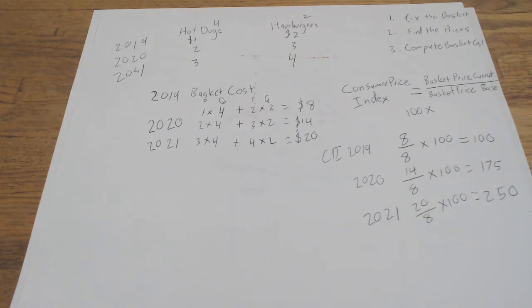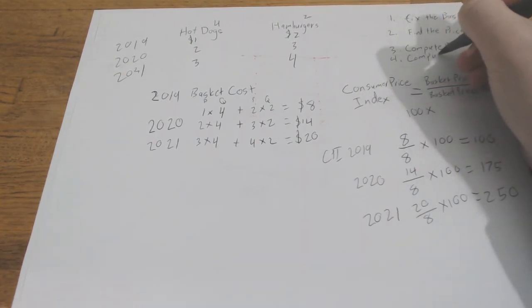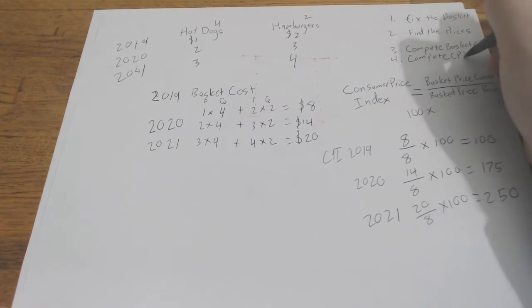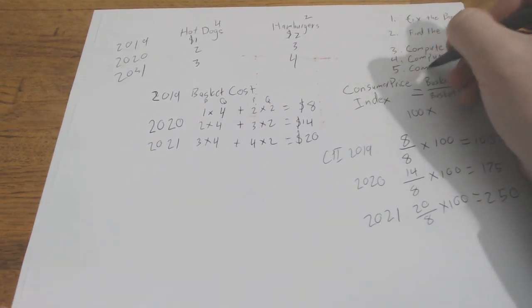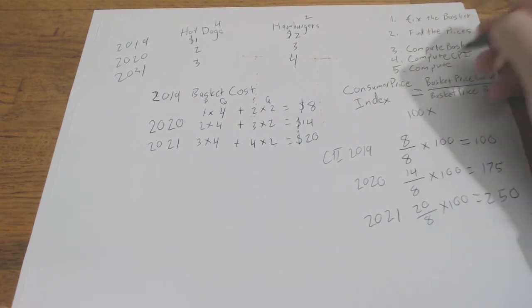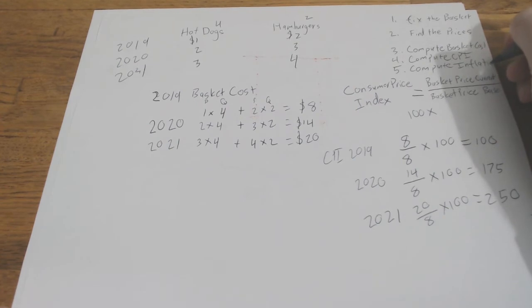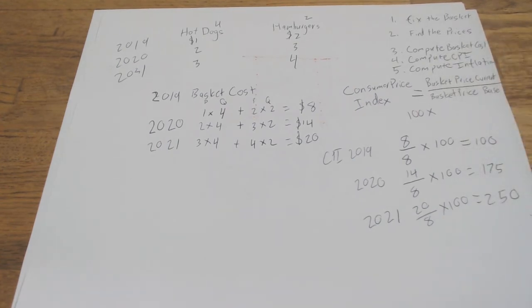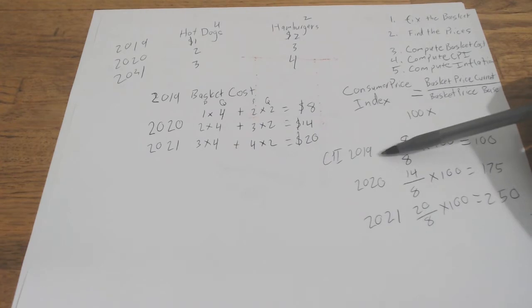Now, so that was step 4, compute the CPI. And step 5 is going to be compute inflation rate. So to compute inflation rate, well, remember we can't find the inflation rate for 2019 since it's the base year.